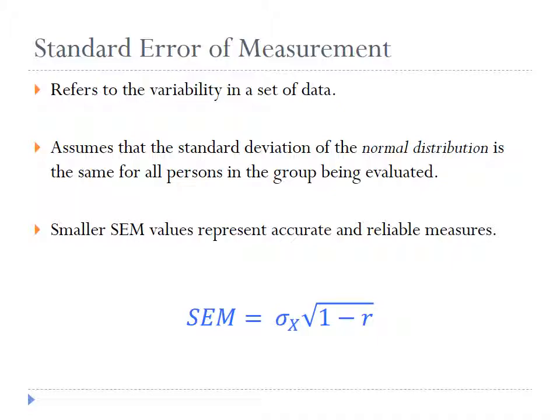It's a measure of how dispersed or how condensed the scores in our distribution or our test are. It assumes that the standard deviations of a normal distribution are the same for all persons in the group being evaluated.